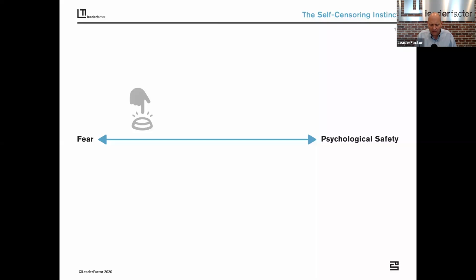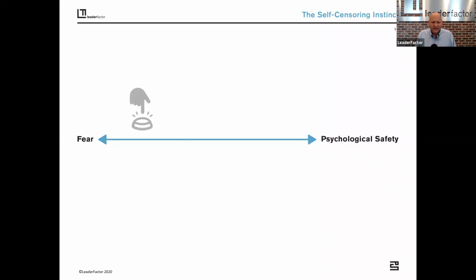When someone or something activates that self-censoring instinct, what do we do? We retreat, we recoil, and we manage personal risk. We go into a mode of self-preservation, right? We have to, and personal risk management.